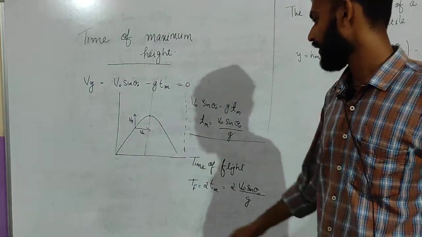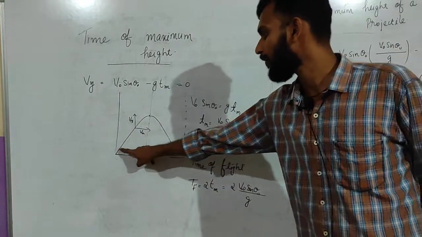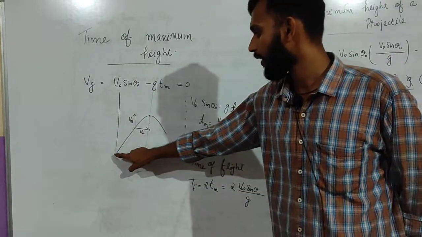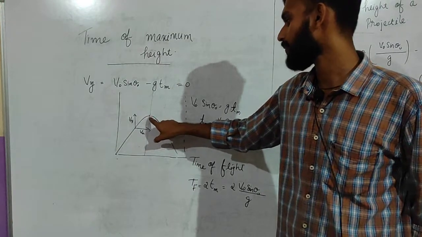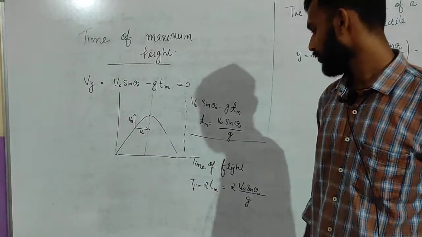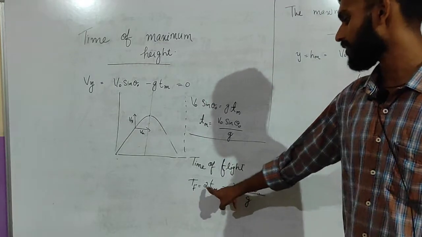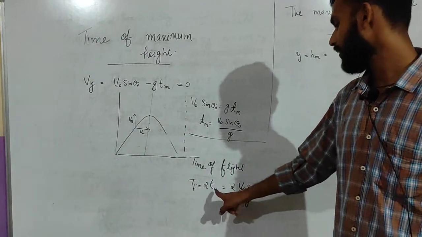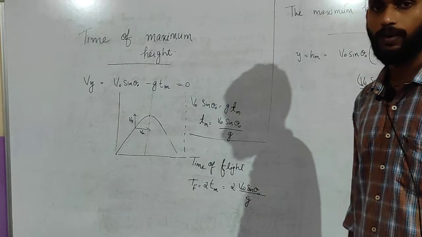So the Tf, the time of flight, you can consider as 2 into Tm: one Tm from the initial point to the maximum height, another Tm from the maximum height to the lower point. So the time of flight Tf will be equal to 2 times Tm, that is 2 V0 sin theta 0 divided by g.